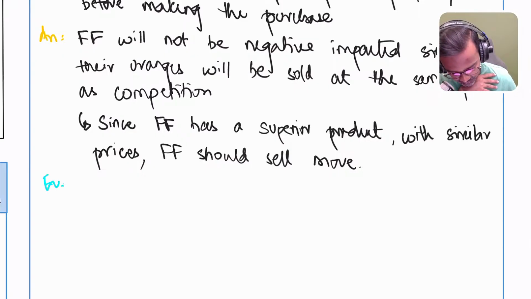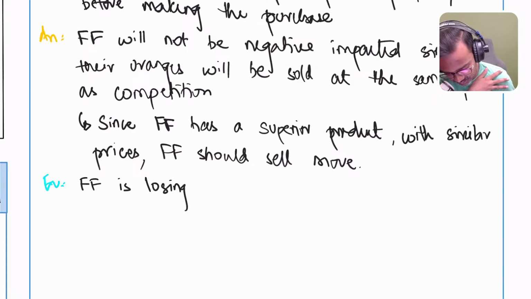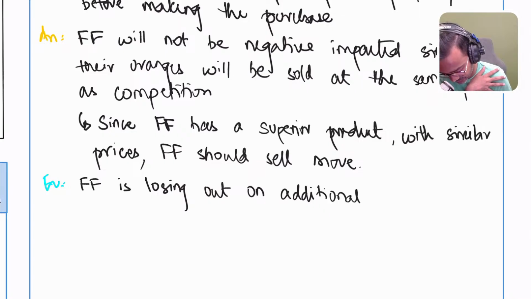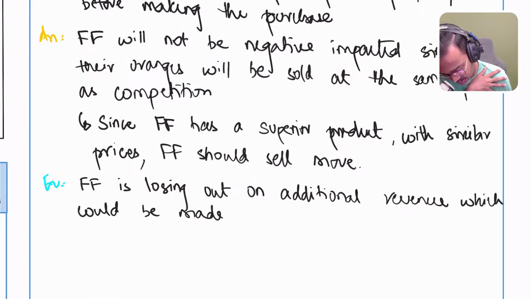And just to evaluate that, what using competitive pricing means is that FF is losing out on additional revenue which could be made using price skimming, right?